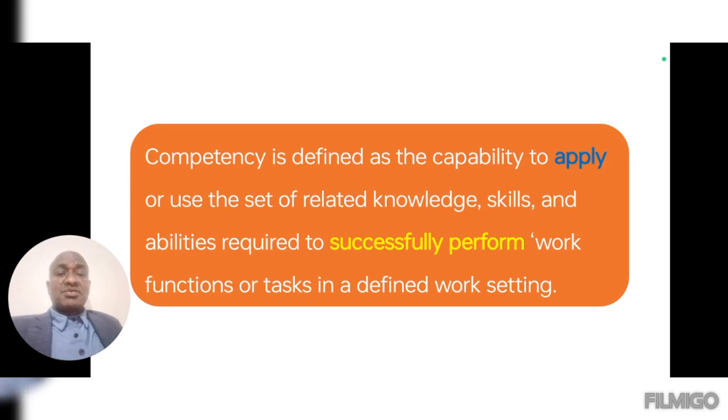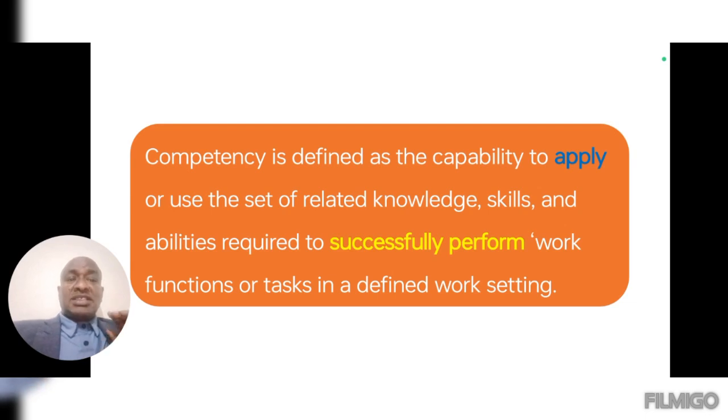Related means related to the work, related to the work required in our environment. It is not simply knowledge for the sake of getting knowledge, but to apply it, the skills to apply it, and also the attitude that we acquire in order to put it into effect when we work.